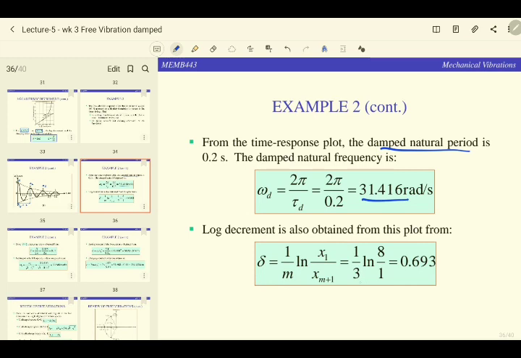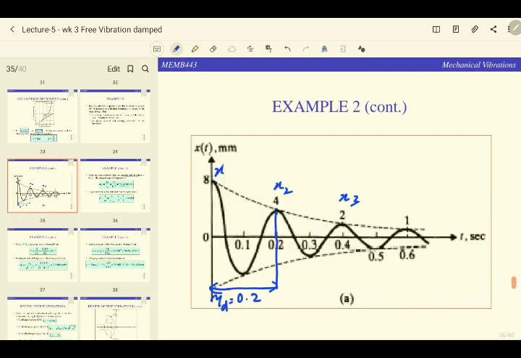In this case, they are using 3 cycles. Normally we take the highest number of cycles that we have. You can see here to here is 1 cycle, because you have 4 peaks. Here to here you have 2, here to here you have 3.